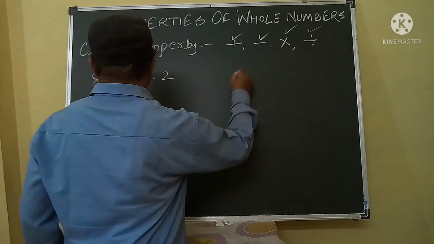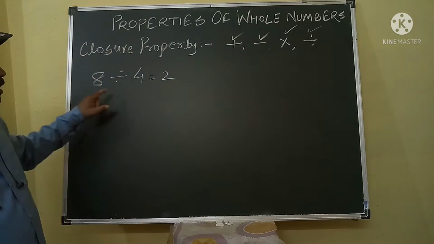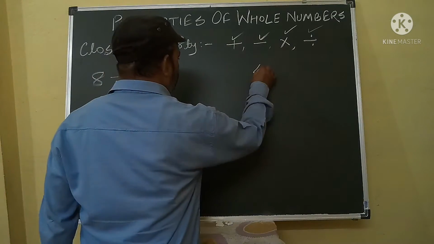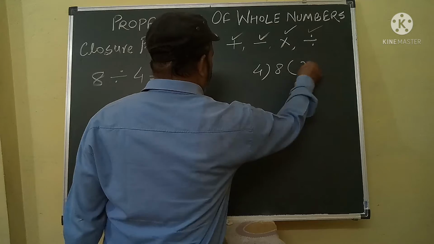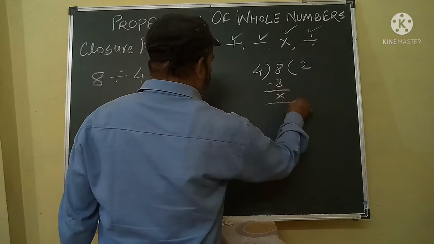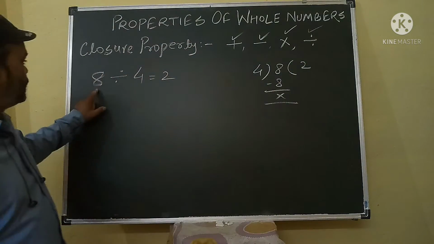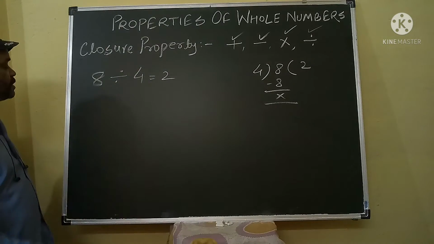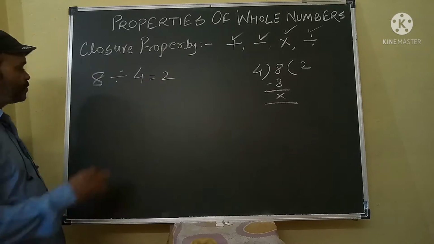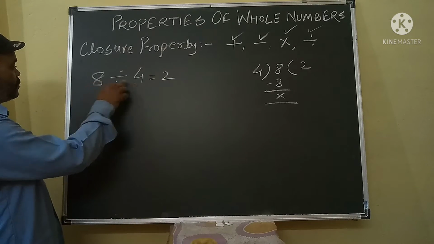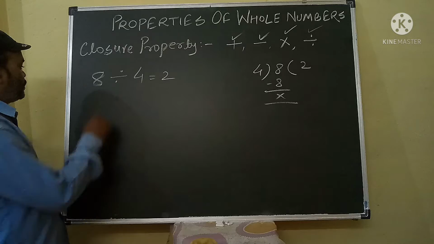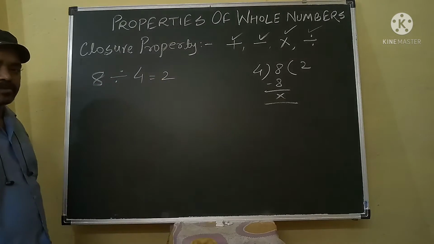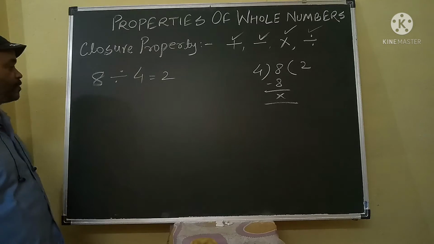Here, 8 is the dividend and 4 is the divisor. 8 divided by 4 gives 2. 8 is a whole number, 4 is a whole number, and the quotient 2 is also a whole number.